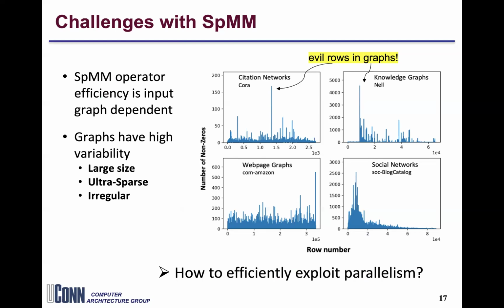We call them evil rows because if you distribute this by using the x-axis of these graphs among a parallel substrate, you're going to find that the longest one is going to be your performance limiter, and you're not going to be able to exploit parallelism. So how do we exploit parallelism in these kinds of highly unstructured graphs? These are 4 different domains, and you can see that the shapes are totally different. You can't predict them statically. You have to learn them as the data comes along.